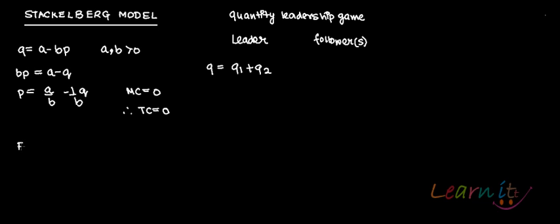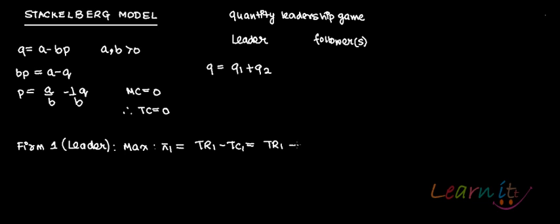Firm 1 is the leader, and it tries to maximize its profits, which are pi 1, the difference between total revenue minus total costs.